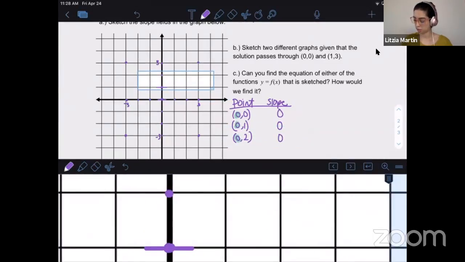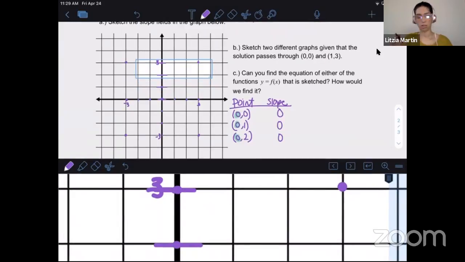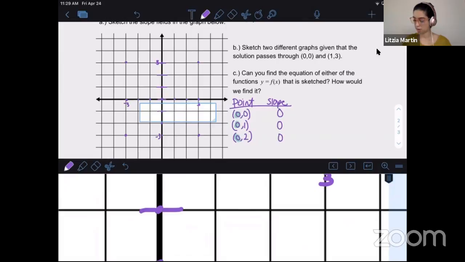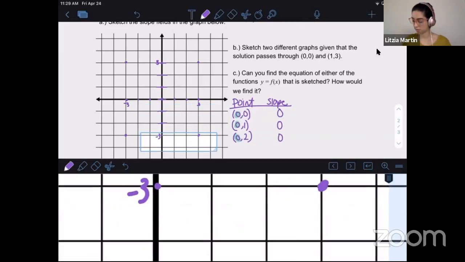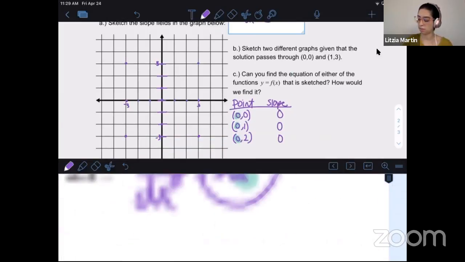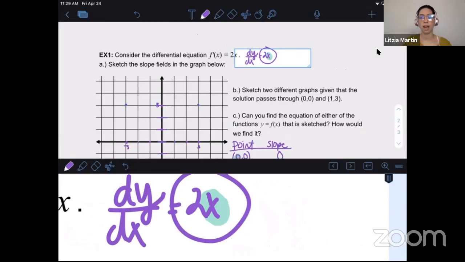So at the point 0, 2, another horizontal line segment because it has a slope of 0. And I can already assume it's going to be the same all the way down because I know those all have the same x coordinate, and that's the only thing affecting that slope.